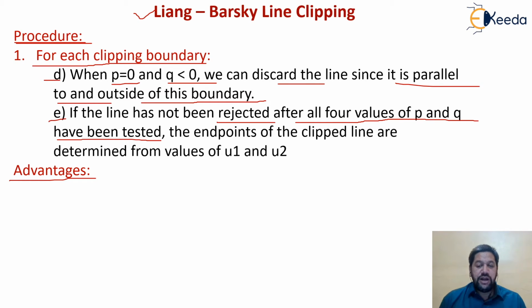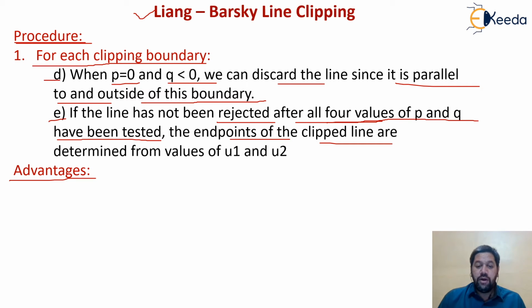If P is minus delta X, what is the Q value? If P is delta Y, what is the Q value? If P is minus delta Y, then what is the Q value? So if the line has not been rejected after all four values of P and Q, the endpoints of the clipped line are determined.